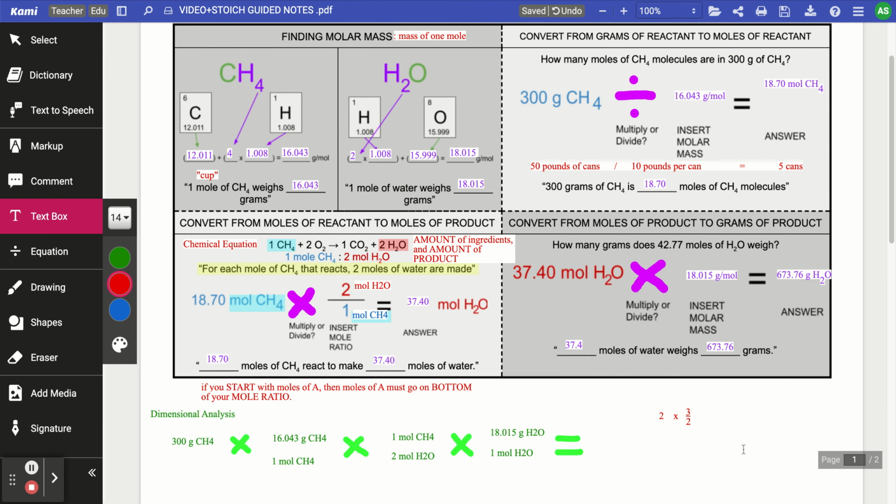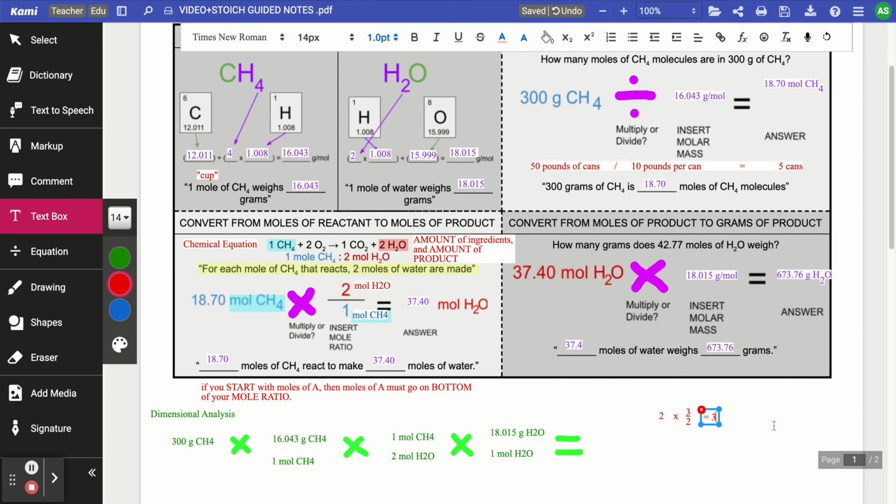Well, hopefully you can see that that's equal to 3.